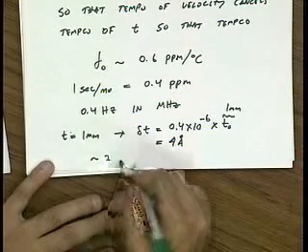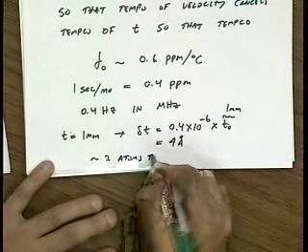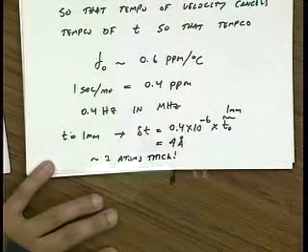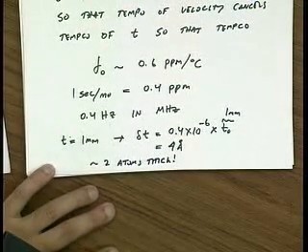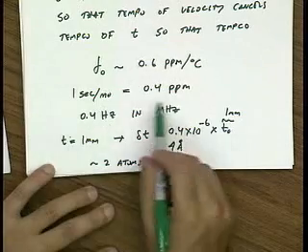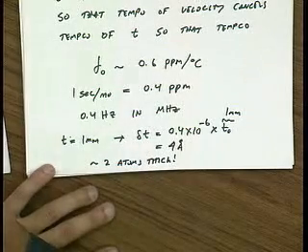That corresponds to a change in about 2 atoms. So that's a pretty amazing amount of stability. Just take a couple atoms away from the thickness, and your frequency would change more than 0.4 parts per million.